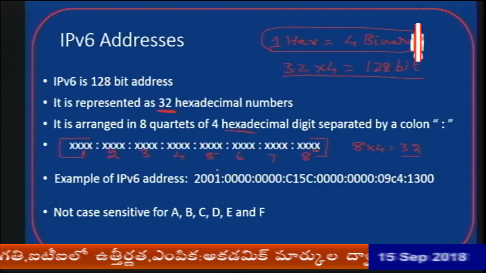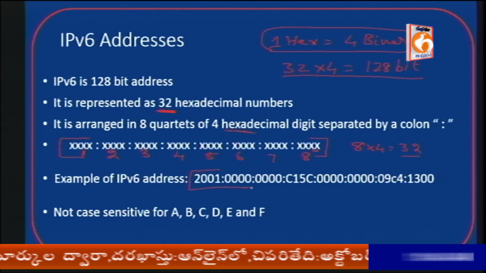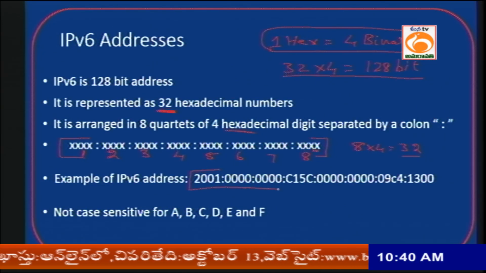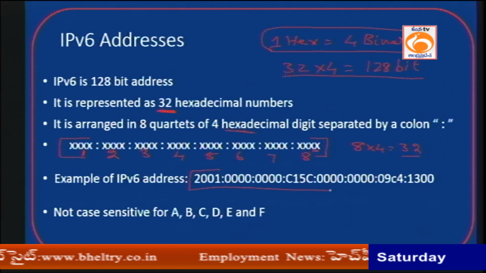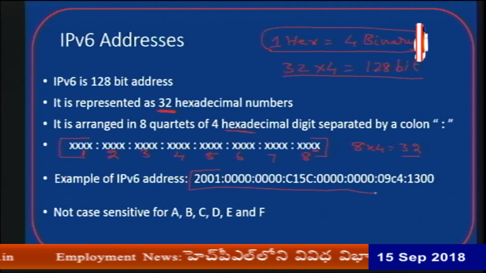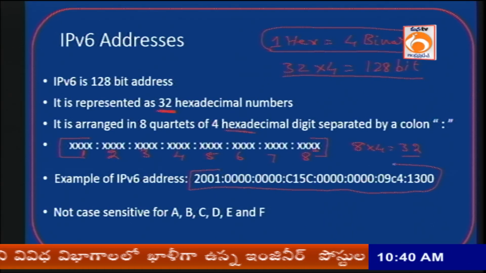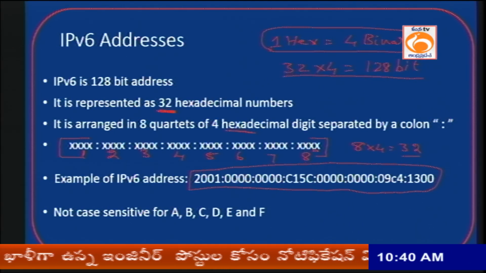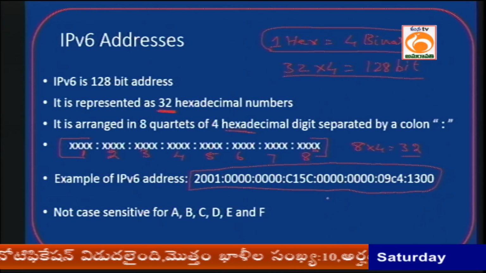So, an example of IPv6 address is represented here for your understanding. You can see how long or how lengthy this IP address is when compared with an IPv4 address.